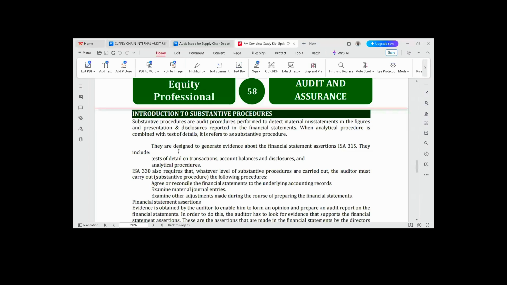So there are two tests you need to perform. When you had internal control last week, you had what is called tests that need to be performed in order to be able to place reliance on the internal control system.